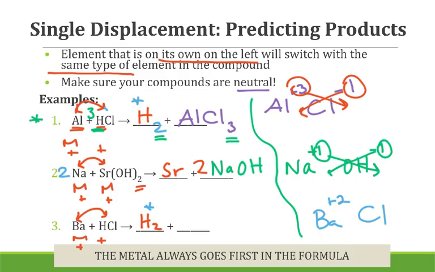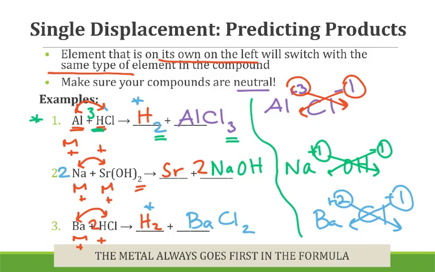Barium has a +2 charge. Chlorine has a -1 charge. So we're going to have, doing our drop and switch, Ba1, Cl2.